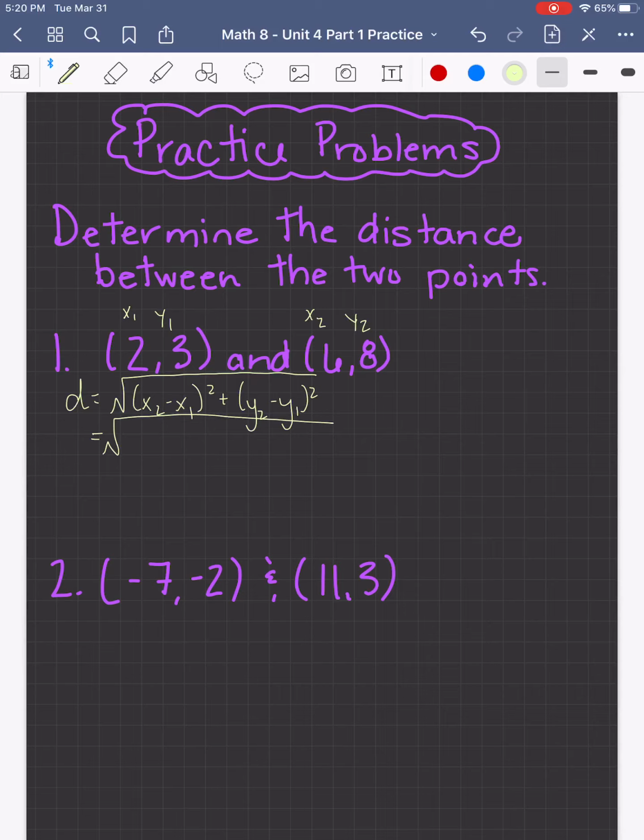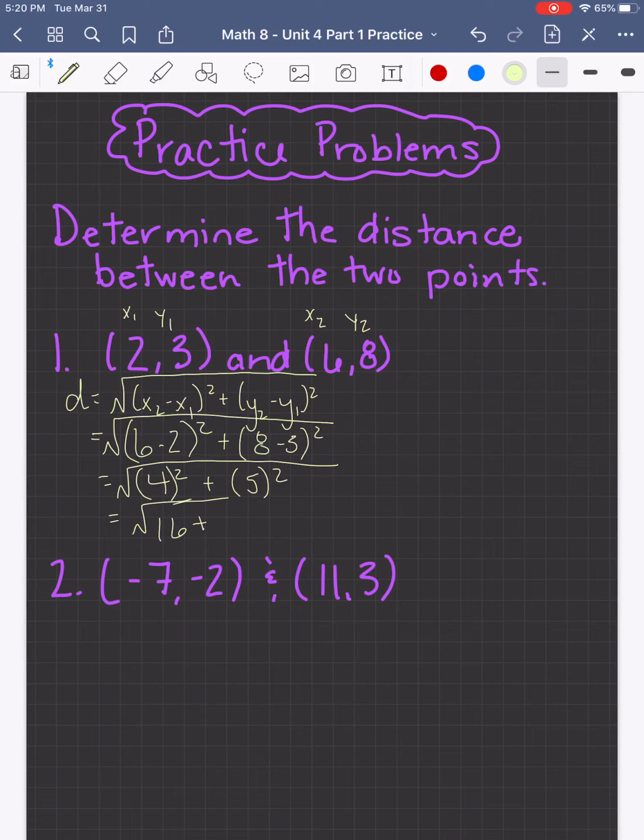Okay, so x2 is 6 minus x1 is 2. y2 is 8 minus y1 is 3. 6 minus 2 is 4. 8 minus 3 is 5. 4 squared is 16. 5 squared is 25.